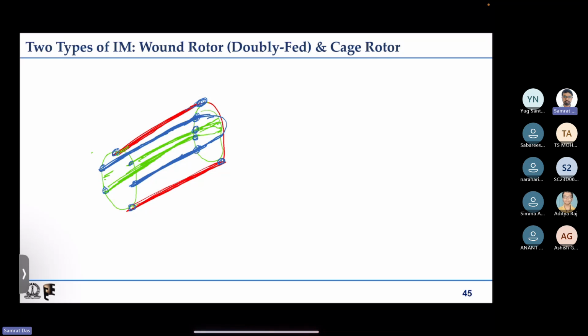We can simply short all these terminals together, and we can short all these terminals on this side together. We are leaving the end connections, we are just shorting. We have simple conductors, the two sides.